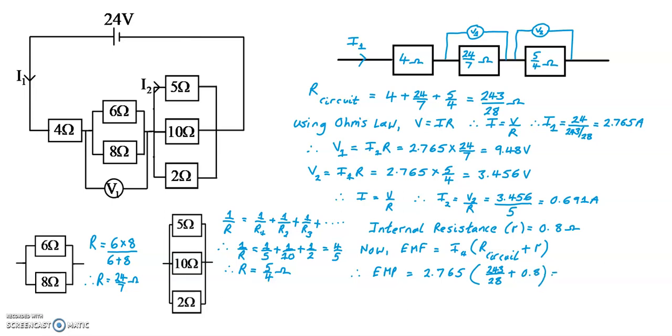So this gives an EMF of the cell of 26.21 volts. So due to the internal resistance, the actual potential difference that is available for the circuit is 2.21 volts less than the EMF.